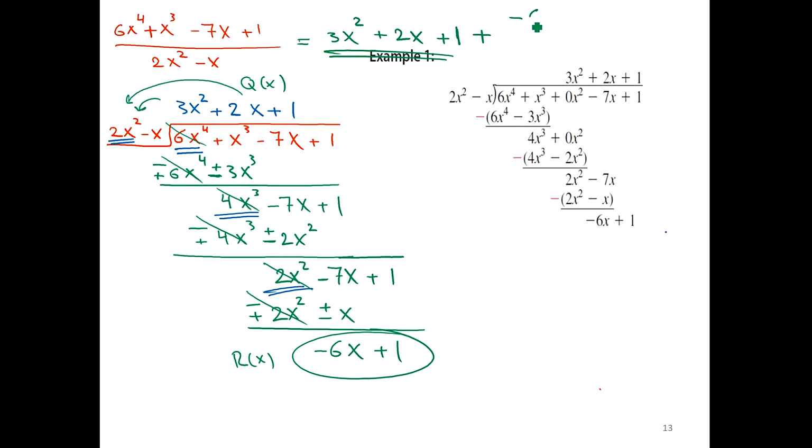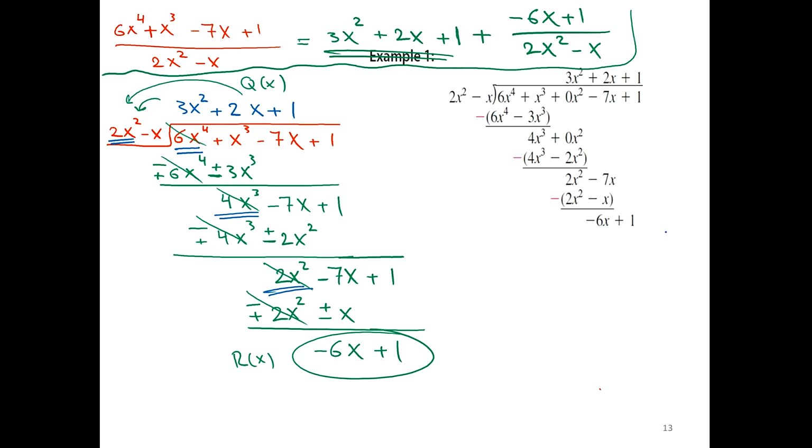R equals minus 6x + 1 over the divisor 2x^2 - x. So this is the result. Okay, any question? Any question?